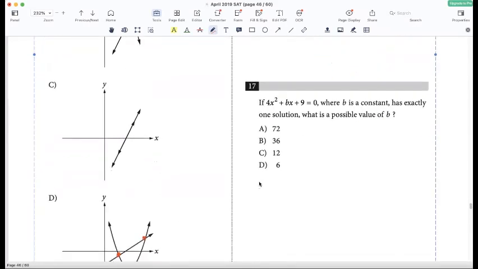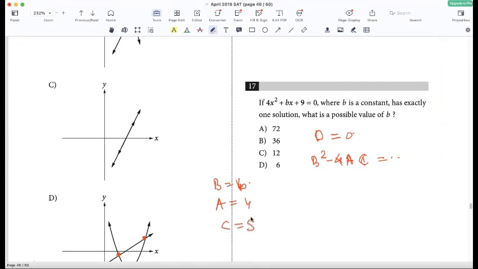If 4x squared plus bx plus 9 equals 0, where b is a constant, has exactly one solution, what is the possible value of b? So when a quadratic has only one solution, the discriminant is 0, which means b squared minus 4ac is 0, right? So this would be b is small b, capital A is 4, and capital C is 9.